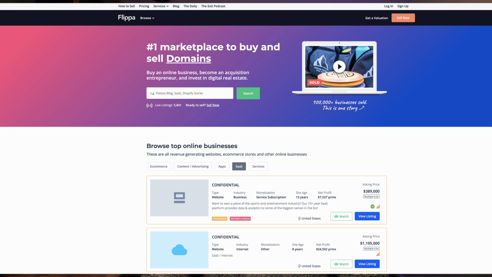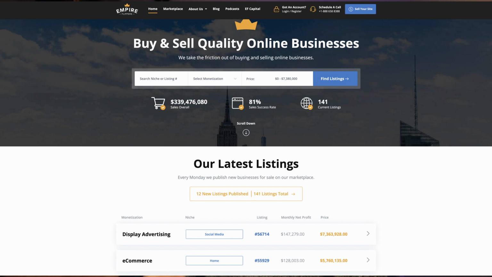And this is a really useful tool for us at the initial niche research phase of a project, to go into websites like Flipper, Motion Invest, Empire Flippers, and take a look at websites that are making money. If they're selling for anything really over about $1,000, then they're going to be making some money.